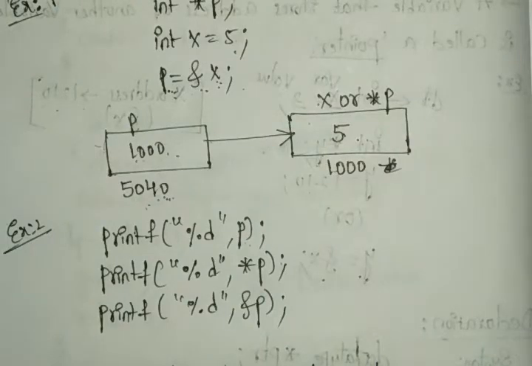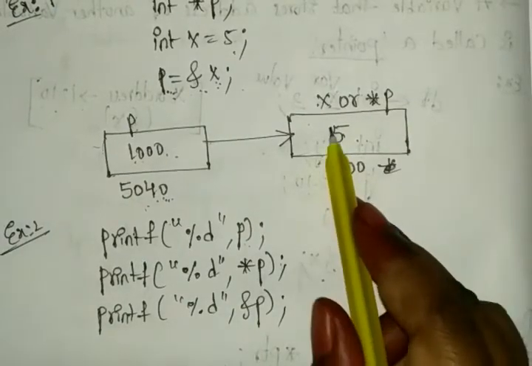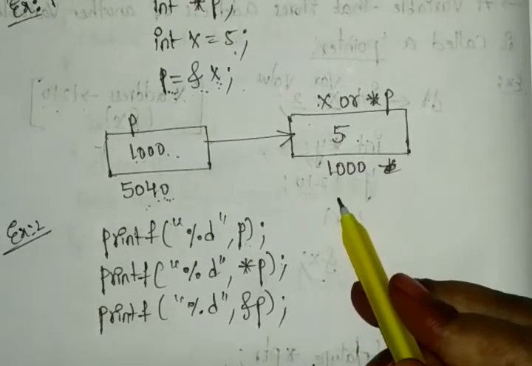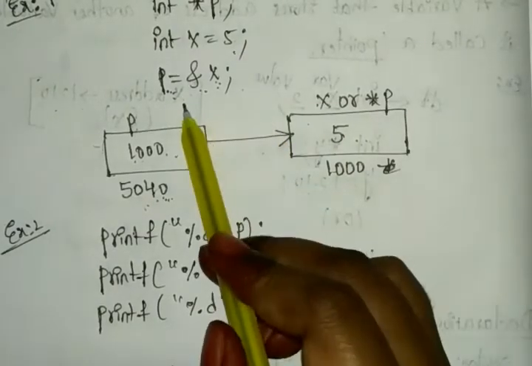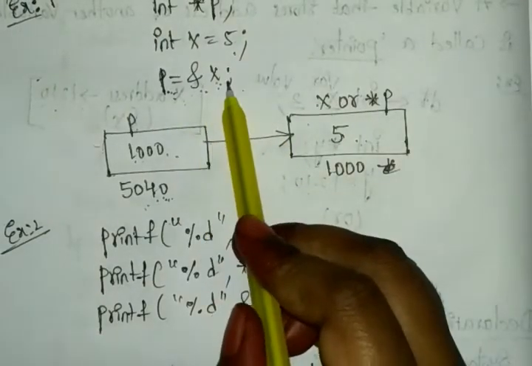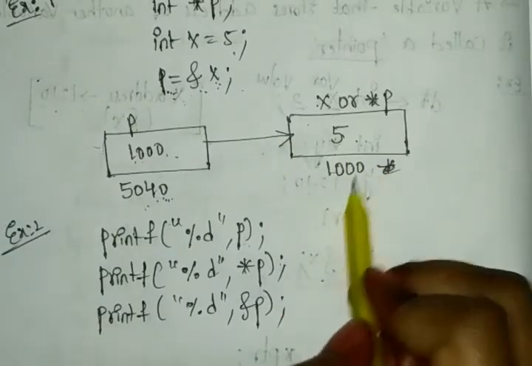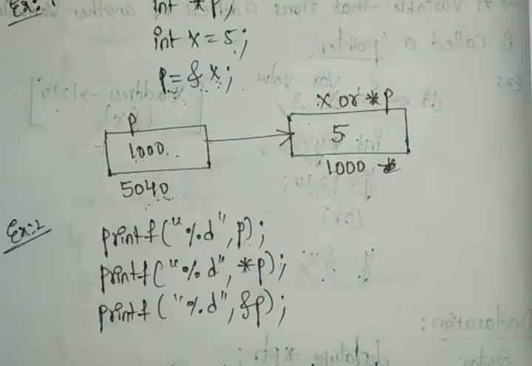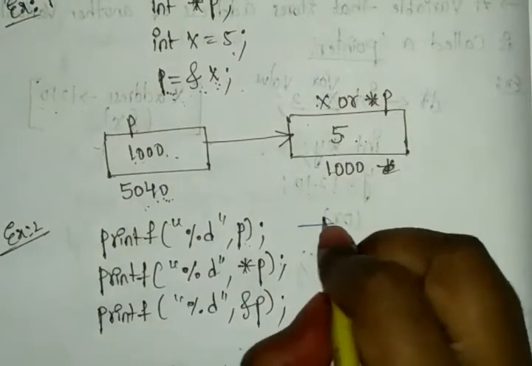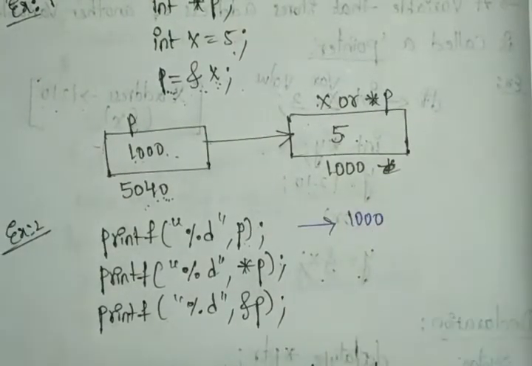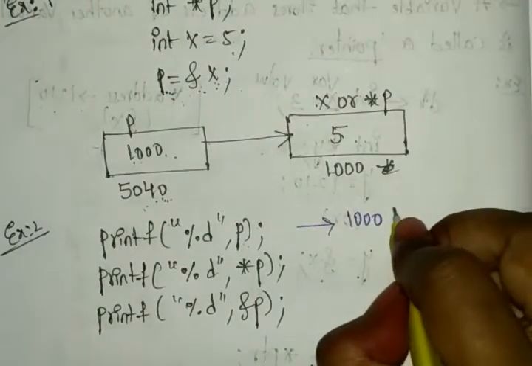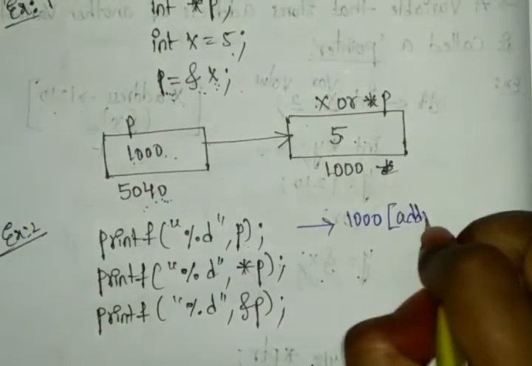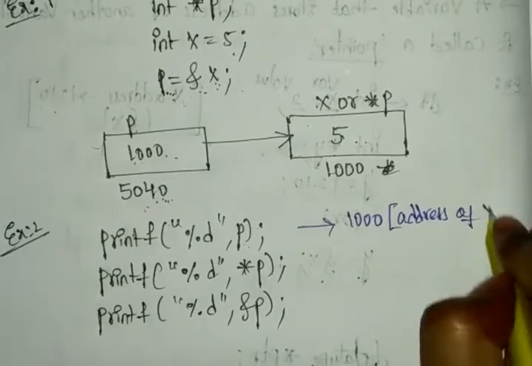What do we have as the address of x? 1000. P is taking p is equals to the address of x. So here in the output you will get 1000, meaning it is taking the address of x. You can write here, you will understand it takes the address of the x value.